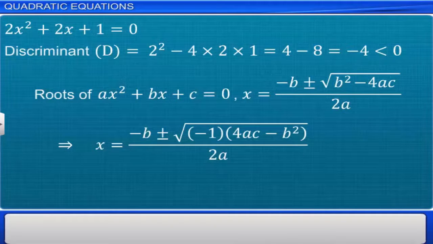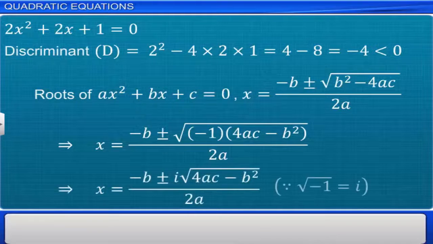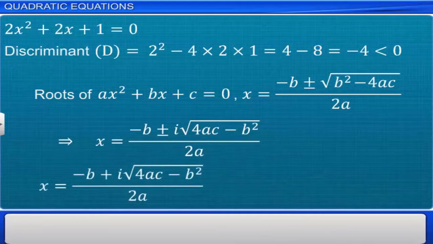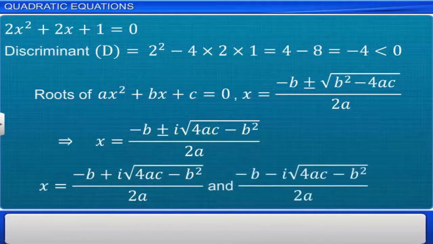We know that the square root of minus 1 is i. Therefore, the roots of the quadratic equation, where the discriminant is less than 0, can be obtained by using the formulae given. The roots of the quadratic equation are complex numbers and they are conjugate to each other.